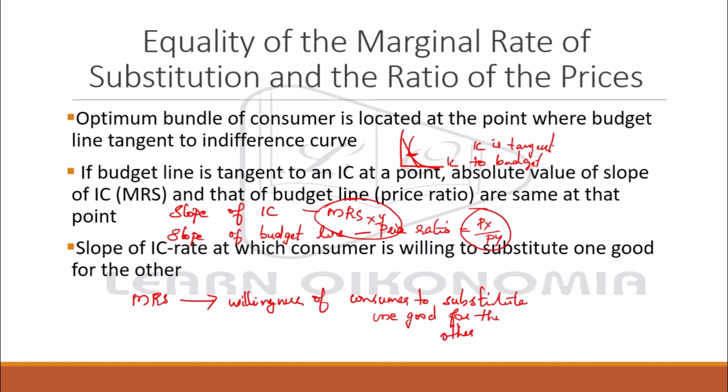The willingness part is important here. Whether the consumer is willing, that is the question here. The rate at which he is willing to substitute good X for good Y or good Y for good X is what is shown by the MRS.